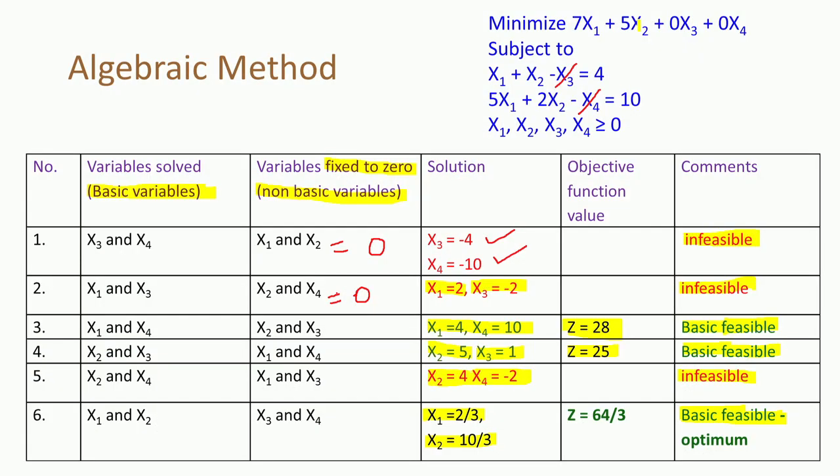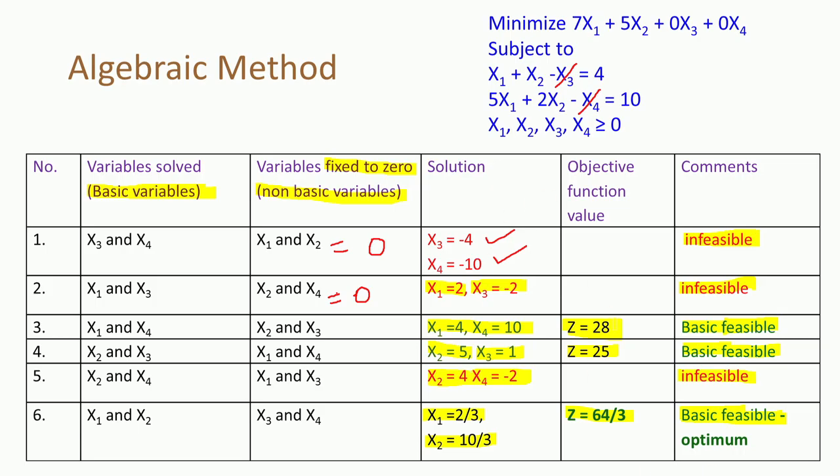So, it is a basic feasible solution. Now, I calculate the value of the objective function for this. So, 7x1 plus 5x2 will become 7 into 2 by 3, 14 by 3, plus 5 into 10 by 3, 50 by 3, which will give me 64 by 3, which is equal to 21.33.